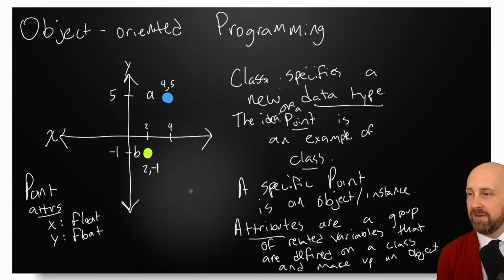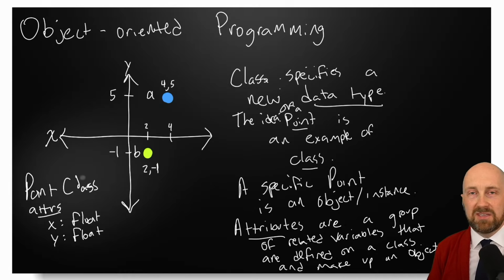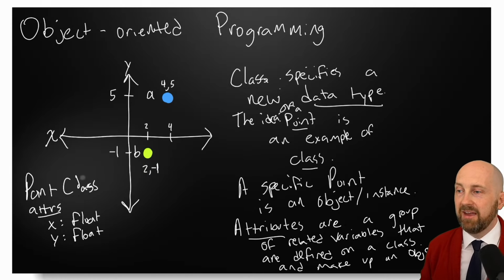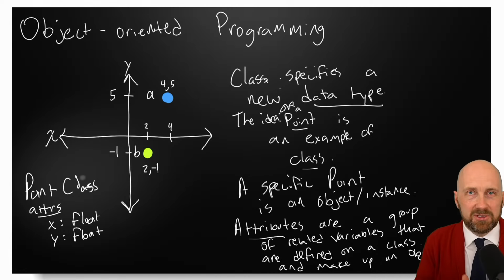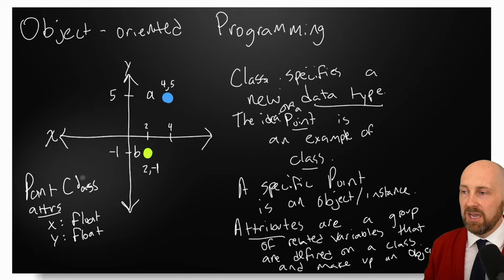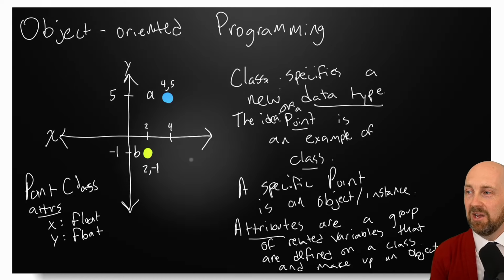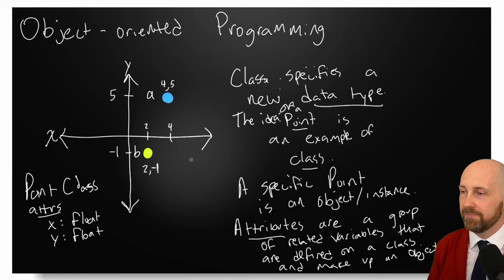What we're saying when we define a point class is this is the idea of a point, right? Every point is going to be made up of two attributes, an X attribute and a Y attribute. But this isn't actually a point yet. We don't have a value that we can work with. We haven't constructed any objects. So if we were to imagine this specific point A, you would say that's a point object whose values are 4 and 5, right?